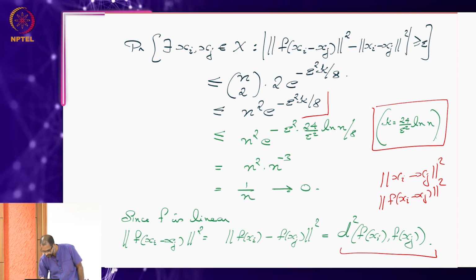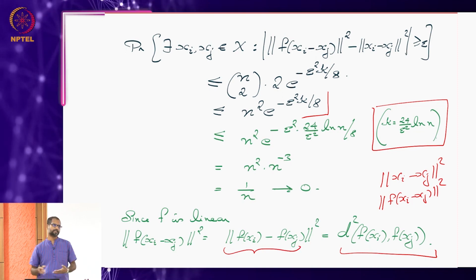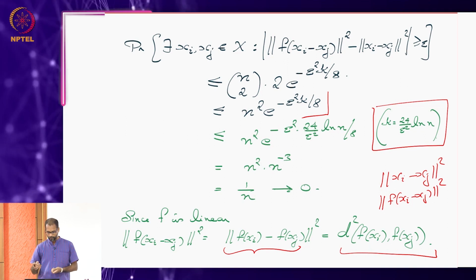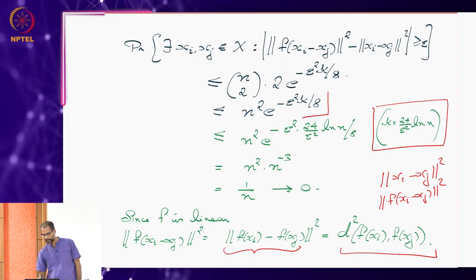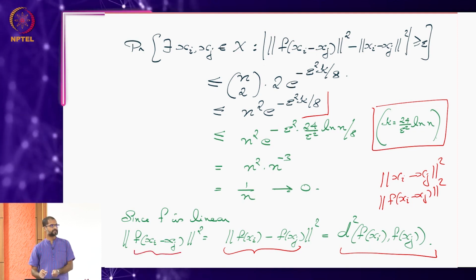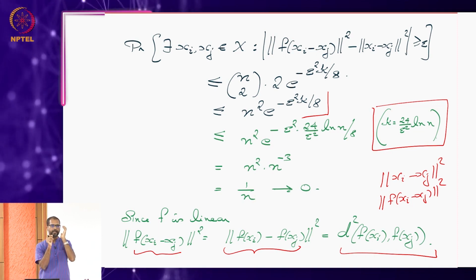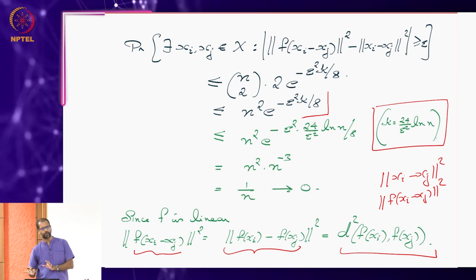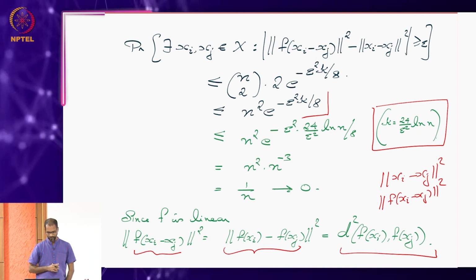Distance in a Euclidean space is just the difference vector's norm square. But because f is linear, and only because f is linear, f of x minus f of y can be written as f of x minus y. So, it is enough to just analyze lengths of individual vectors, where these individual vectors are these n choose 2 pairwise difference vectors.